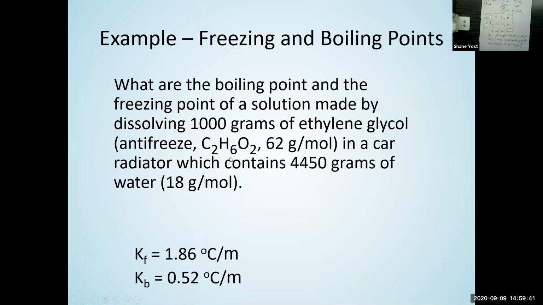So let's do an example here, calculating the boiling point and freezing point of a solution that's made by 100 grams of ethylene glycol in 4,450 grams of water. This is essentially what your antifreeze is, a mixture of water and ethylene glycol.